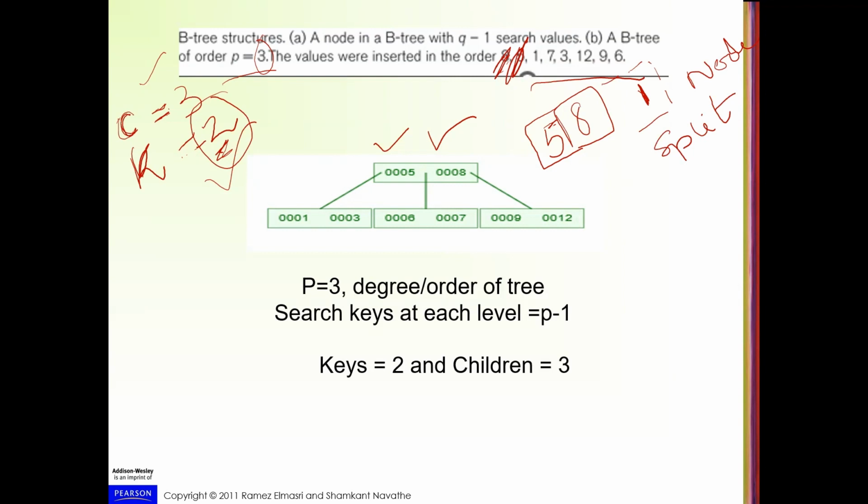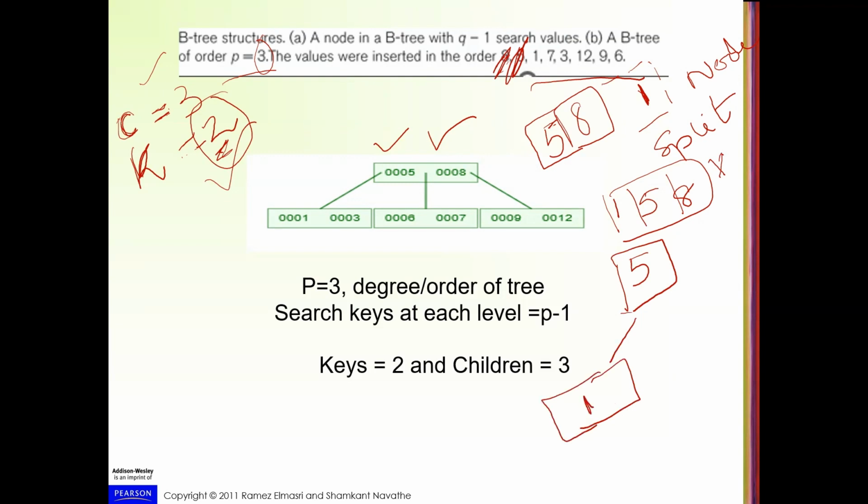First of all, I have to arrange 1, 5, 8. This is the node that will result, but I am not allowed to put 3 values, so a node split should occur. So I will say 5, and then 1 here and 8 here.